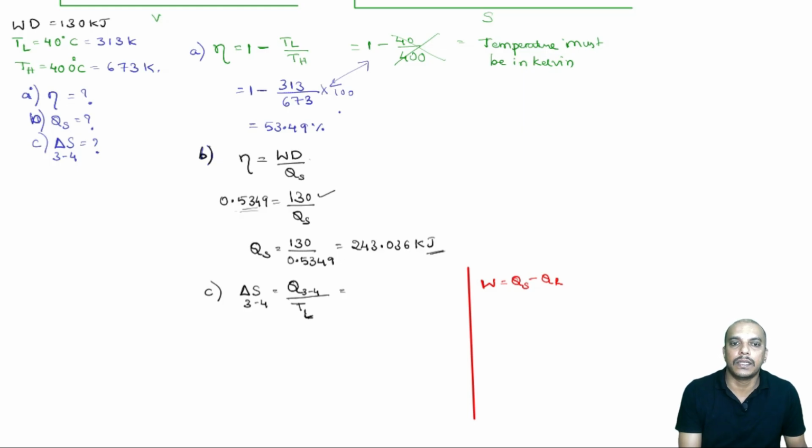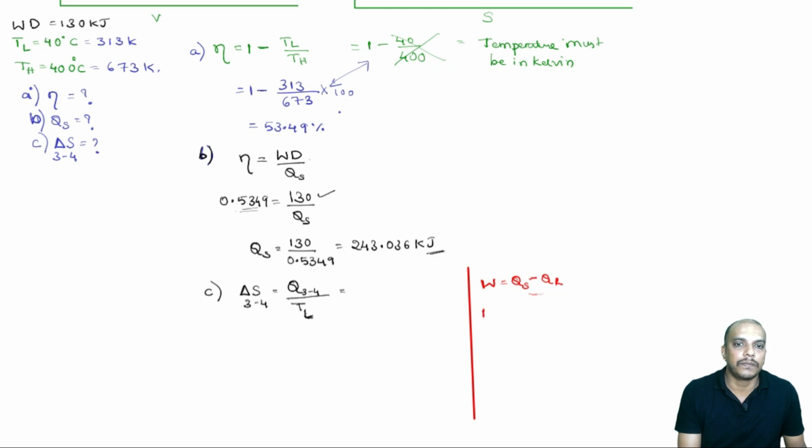It not necessarily tells you that heat is rejected or supplied. But what I am trying to tell you is that change in entropy will be negative in fact, because heat is rejected during the process 3 to 4. However, this answer will be positive here because I have already used the negative sign.